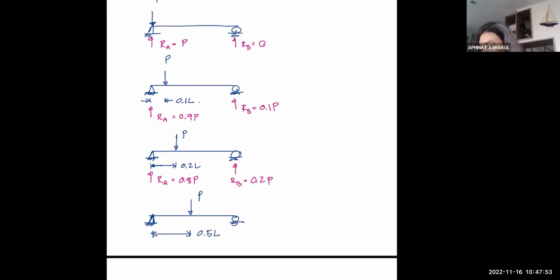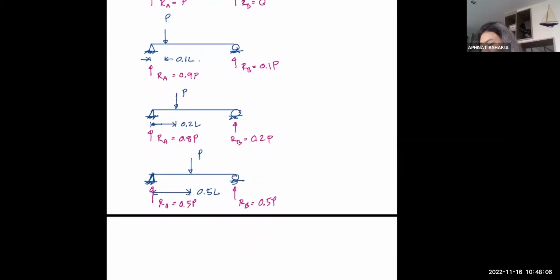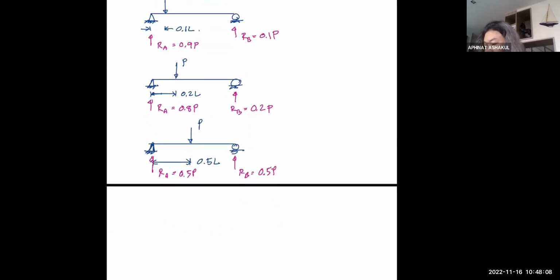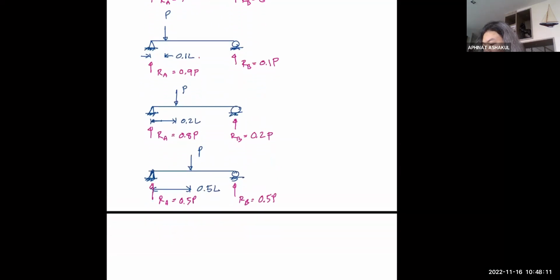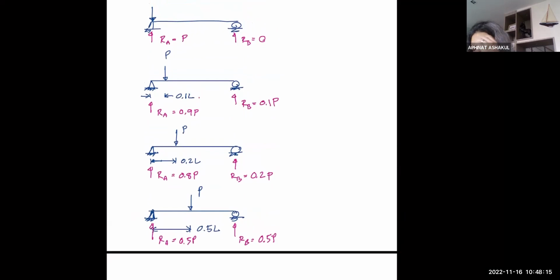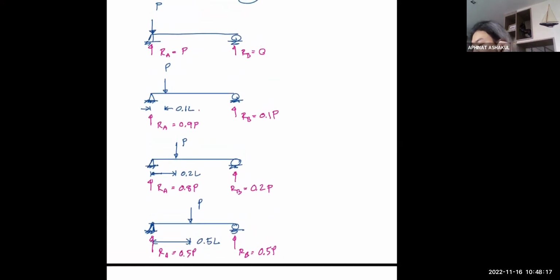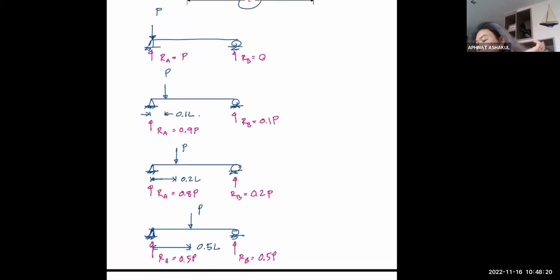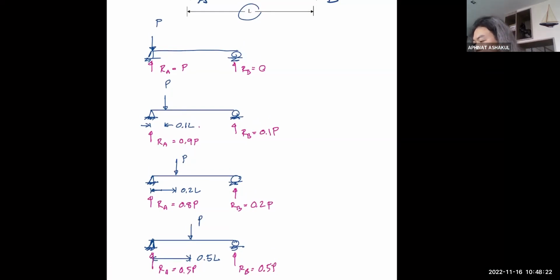You now see RA is 0.5 P and RB is also 0.5 P. However, if I continue to move on, I'm caught between the fact that I should write everything in the same page or just continue downward. Let's keep it in the same page, maybe better.